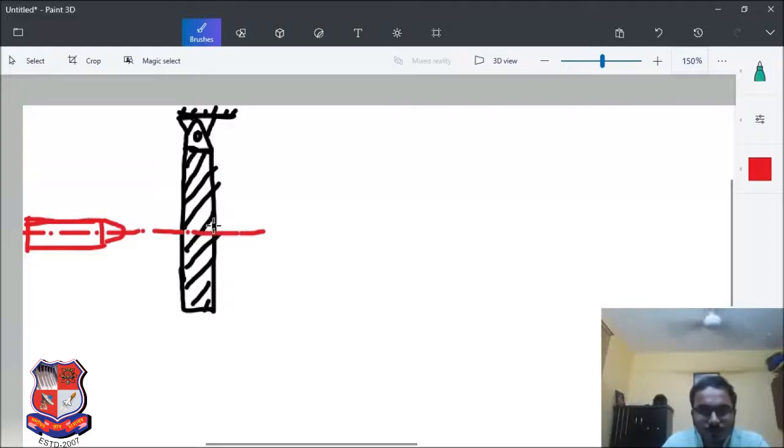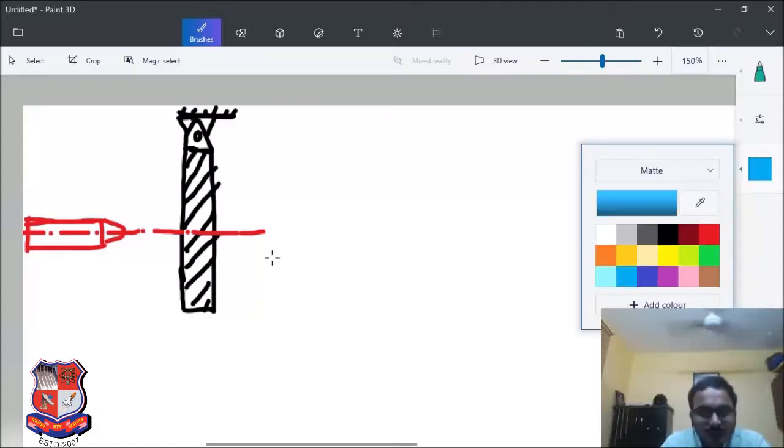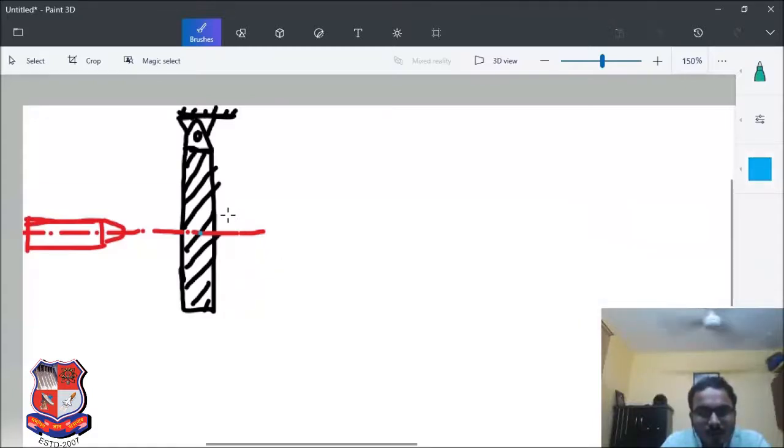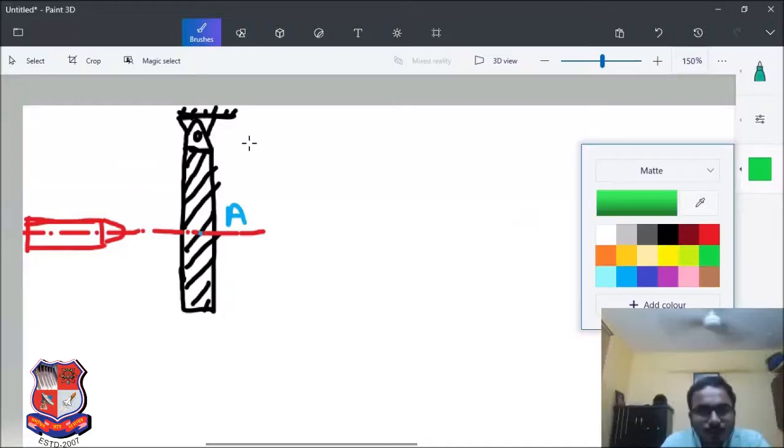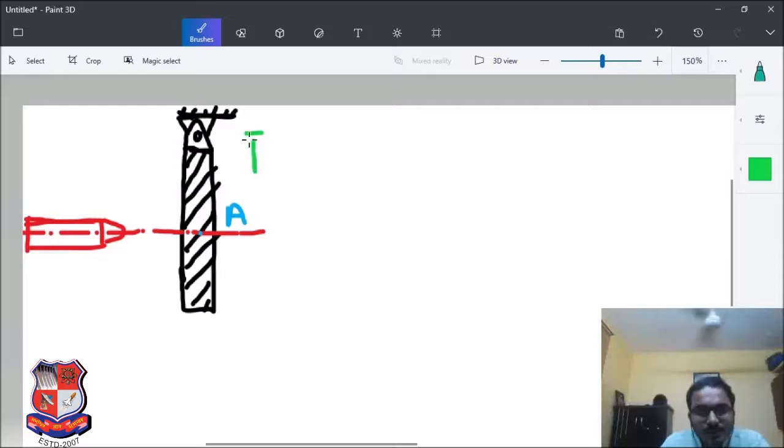These are the axes of the nozzle, and there will be one point at which the jet will strike, that will be A. So this will be the point A where the jet from this nozzle will strike this plate, and this point A is currently at a distance of x. Okay, so this is the arrangement.